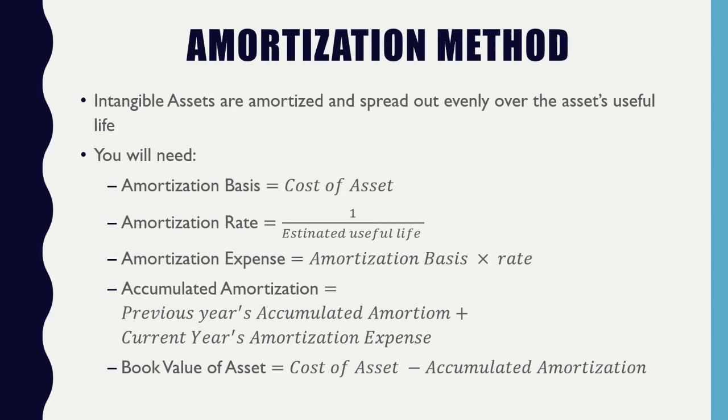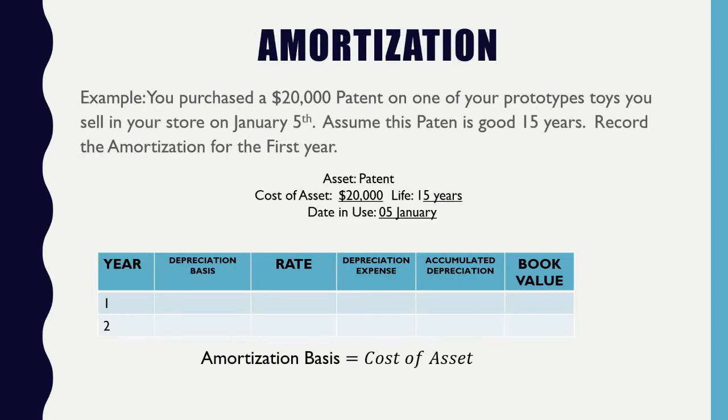Okay, no salvage value. So for this example, you purchase a $20,000 patent on one of your prototypes. You had it purchased for your store as of January 5th.